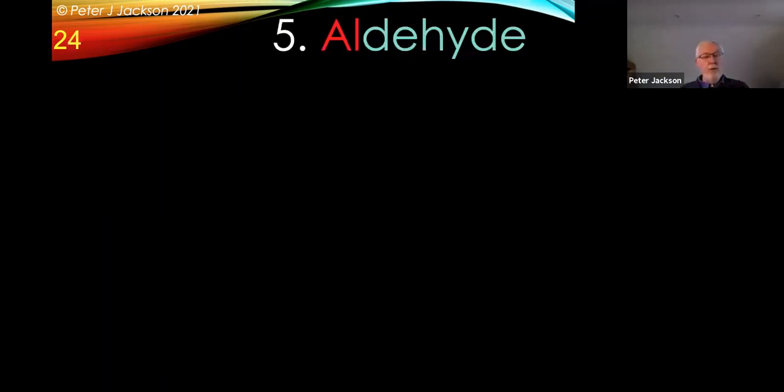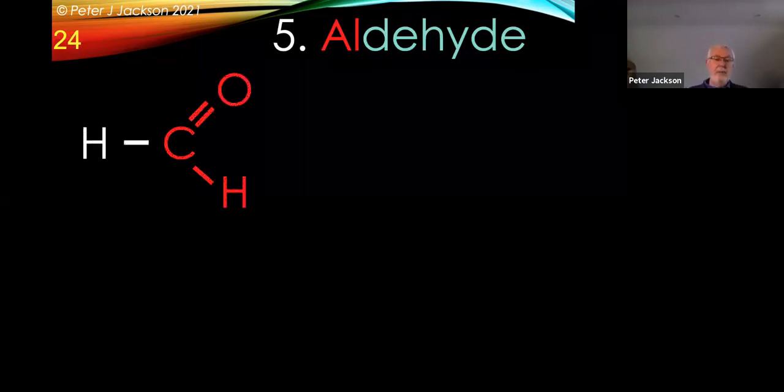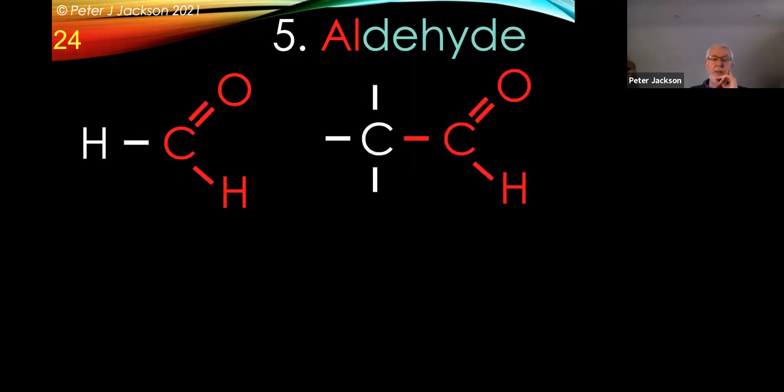The next functional group are the aldehydes. How do we know an aldehyde? Right? It ends in C double bond O single bond H. The first one there is methanal. It ends in CHO, so it's an -al. It's got 1 carbon, so it's methanal.